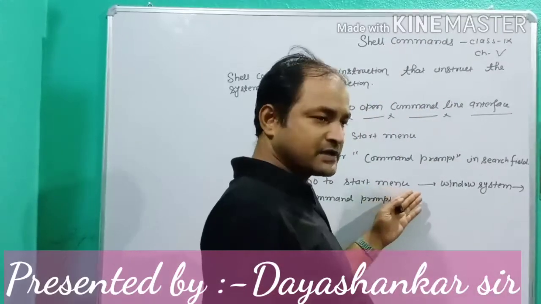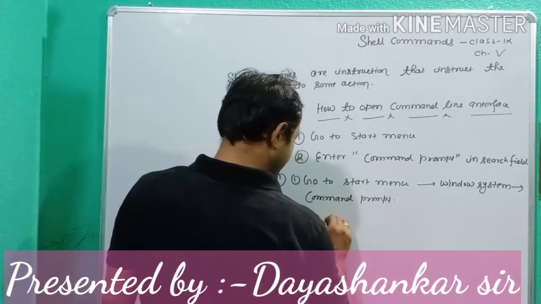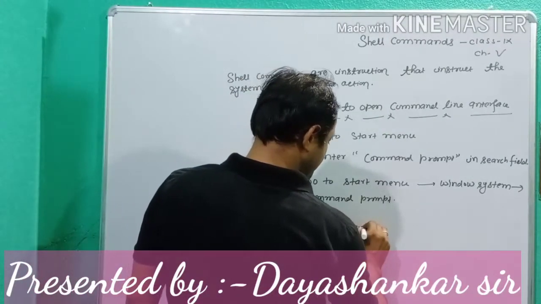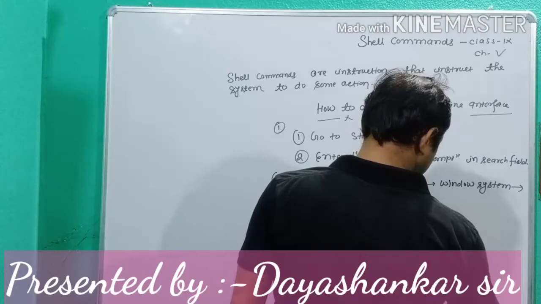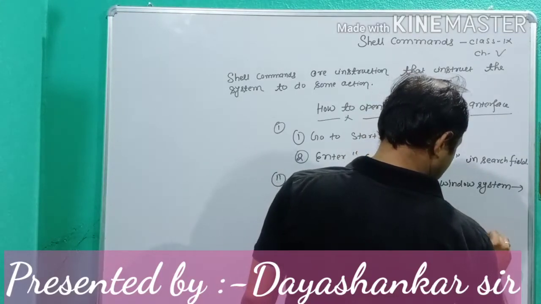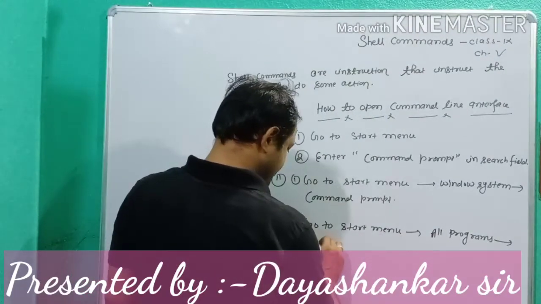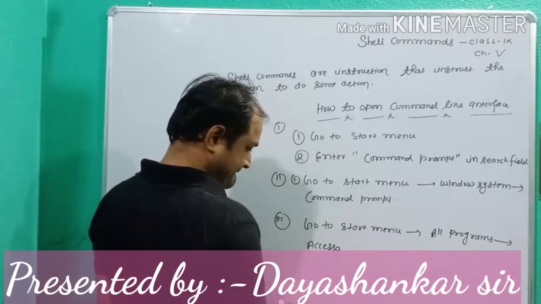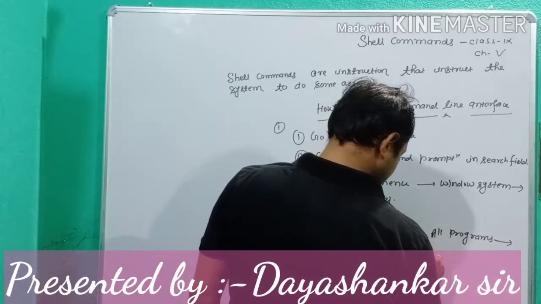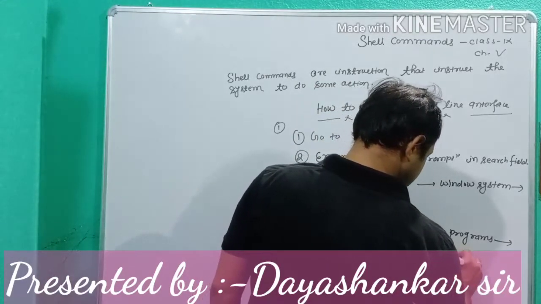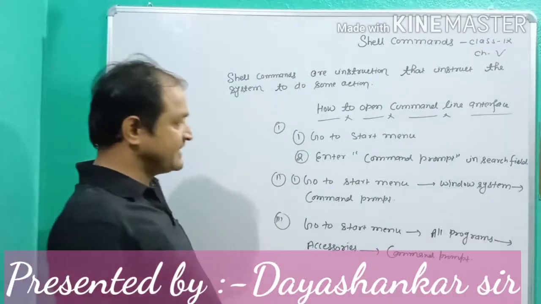Second, start menu, Windows System, command prompt. Third, go to the start menu, all programs, accessories, and command prompt. So there are three ways to open the command line interface.